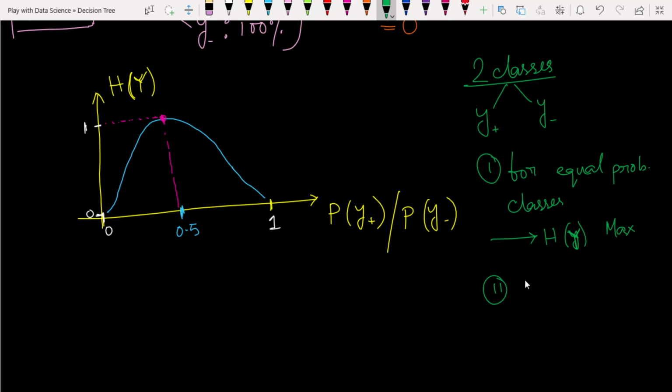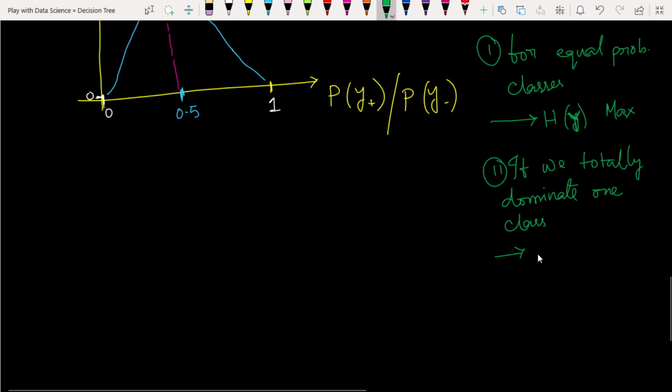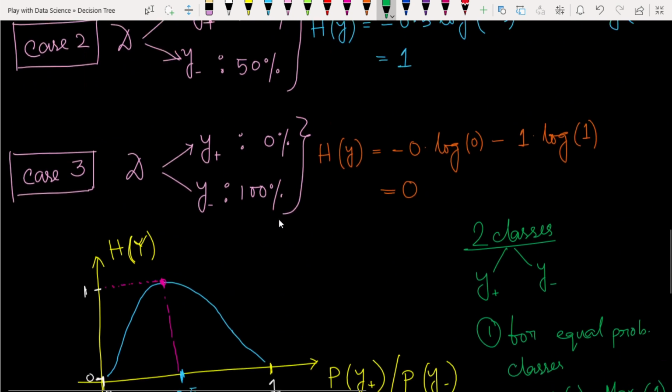And the second case is that if we totally dominate one class over another, then the entropy value of this random variable will be minimum, that is 0, and the maximum means 1. This thing will actually happen.